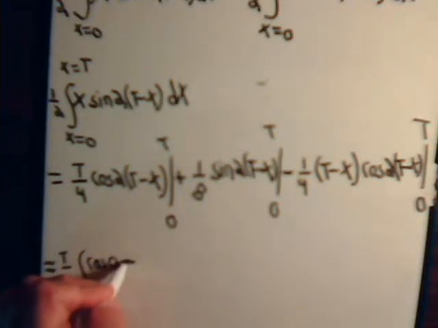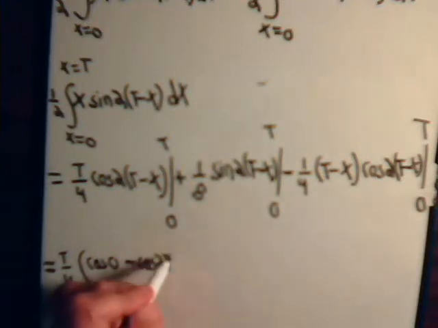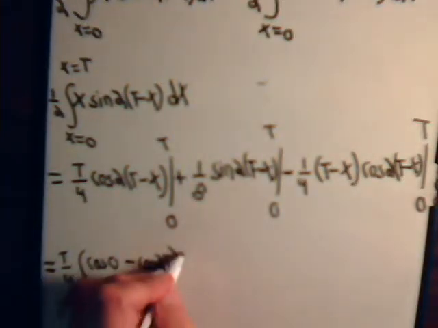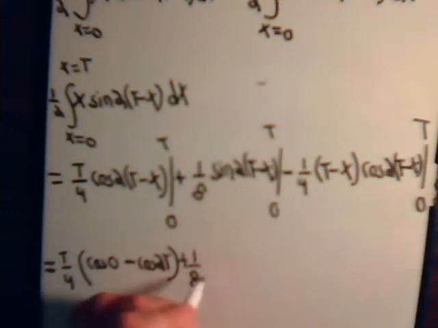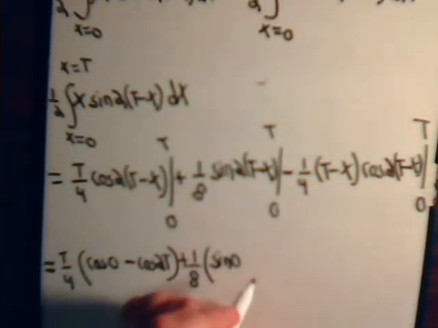So when we have x equals t, we have t minus t, that's 0. So the cosine of 0 minus x equals 0, that's going to be the cosine of 2t. Then here we'll have plus 1/8 times the sine, x equals t, t minus t is 0, the sine of 0, minus x equals 0, that'll be the sine of 2t.